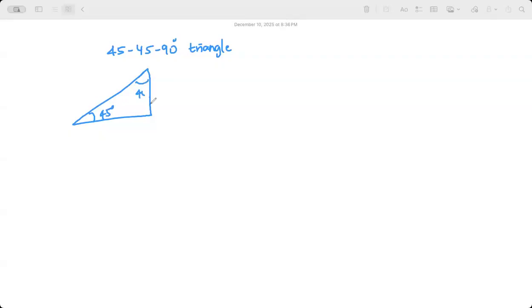So coming to this 45 45 90 triangle, do you all remember the ratio? How many of you remember the ratio? It's okay if you don't remember. Just tell me whether you remember or not from geometry.